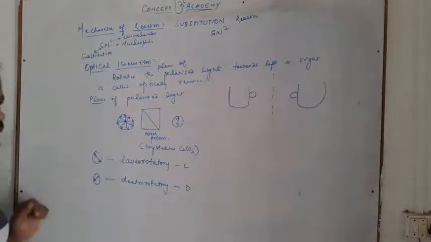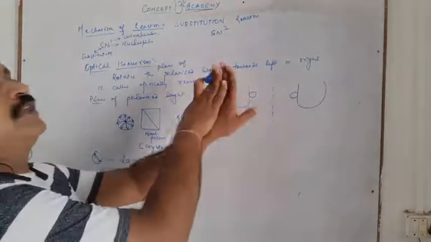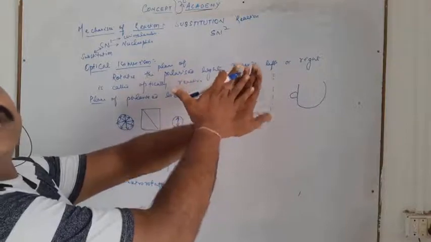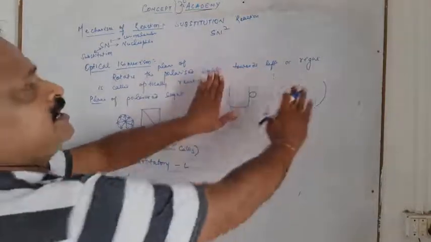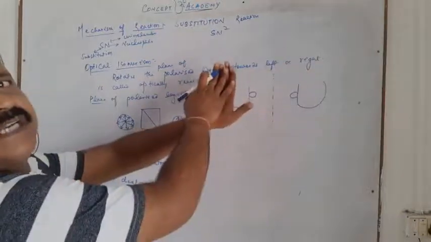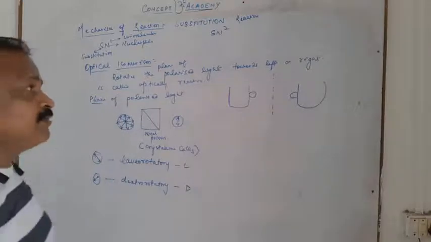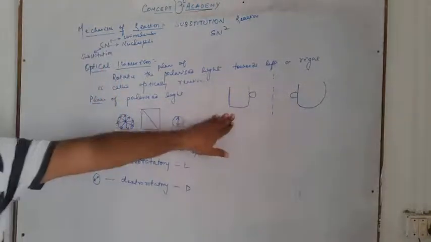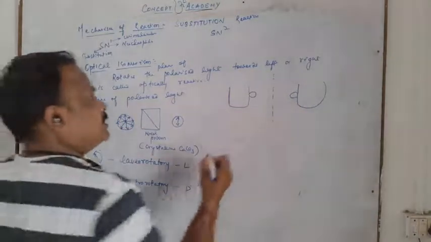If we put these two figures here, then how will they superimpose? Because here the handle is this side, and if we take the image and put it here, the handle is on this side.